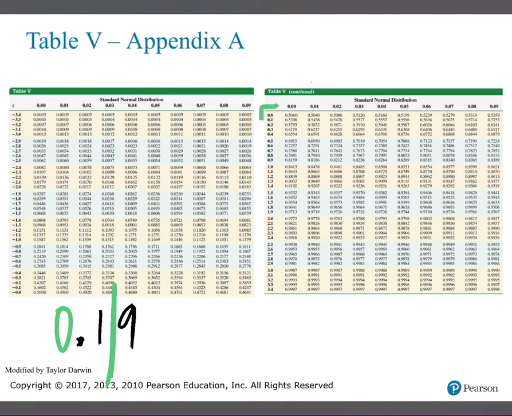So 0.1, and then 9, all the way over to 9, represents that 0.5753 number.